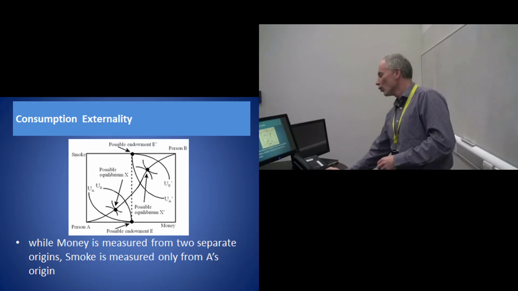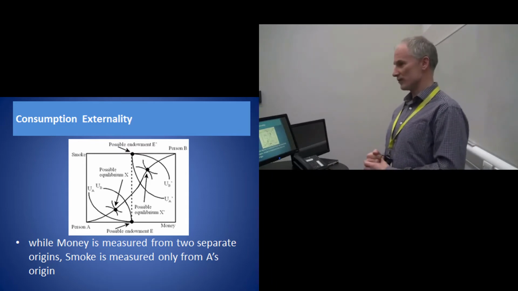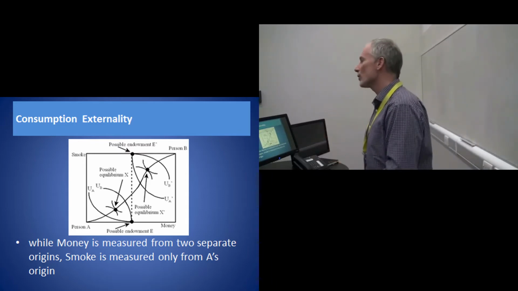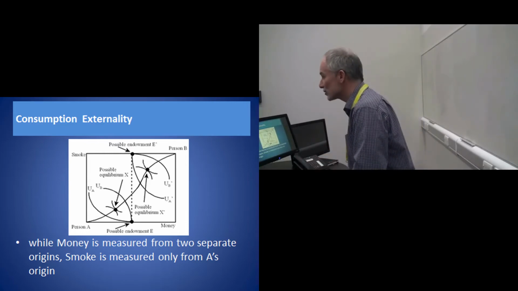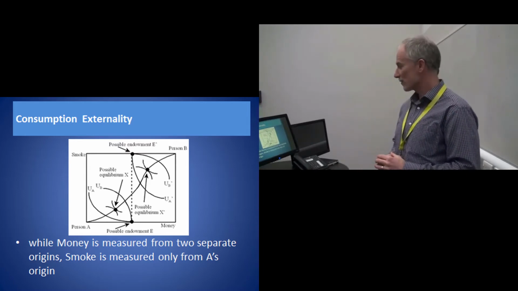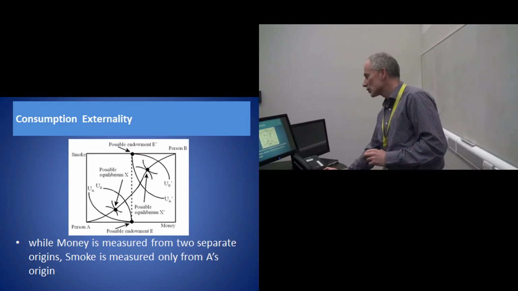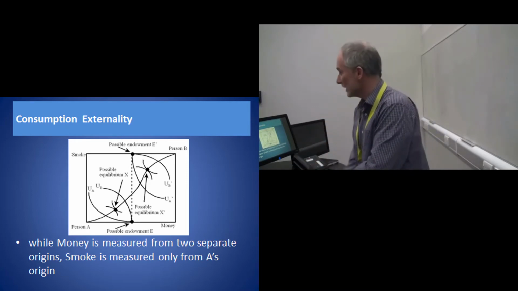Well, it's all got to do with how we measure these two goods and where we measure them from. Now, when we're talking about money, we measure the amount of money each person has relative to his origin. So for person A, measured horizontally, how far we are from person A's origin reflects the amount of money he has.